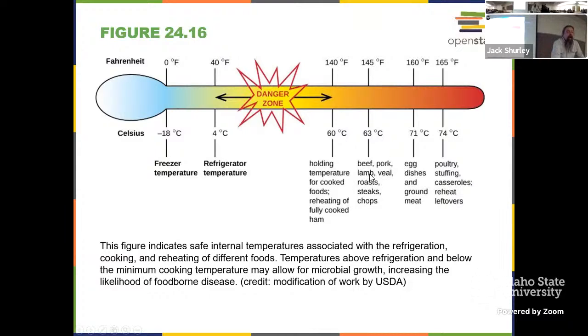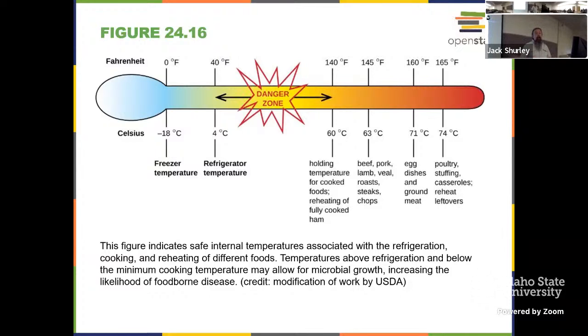Beef and pork, this looks like a meat thermometer as we're looking through this stuff. Veal, roasts, steaks, things like that need a little bit more, all right? Egg dishes and some ground meat, more, and the ground beef or other meats are more of an issue because the potential for bacteria that's on the surface of that meat, once it's ground up, is now throughout the whole product. And so it's not just the surface, right?